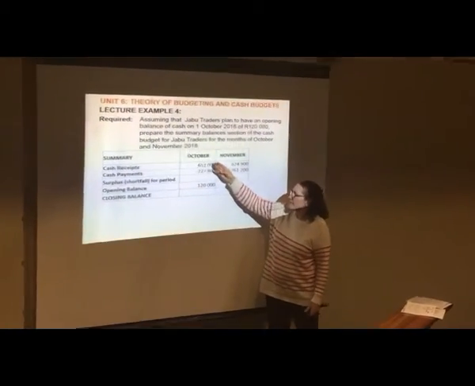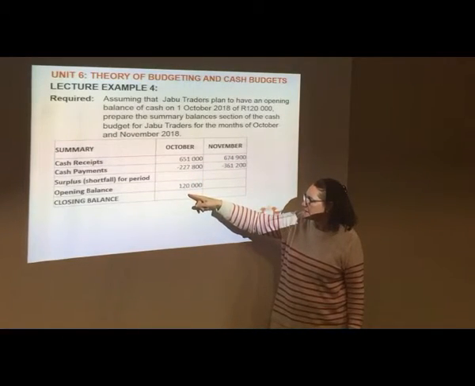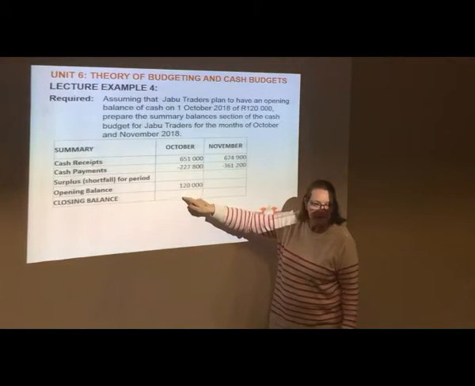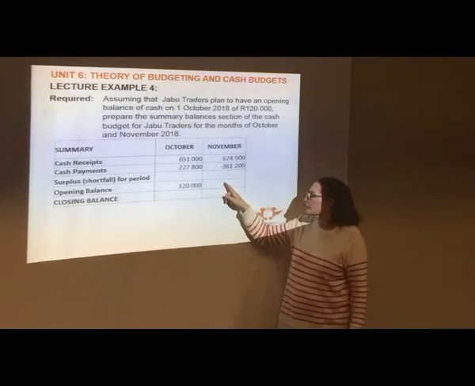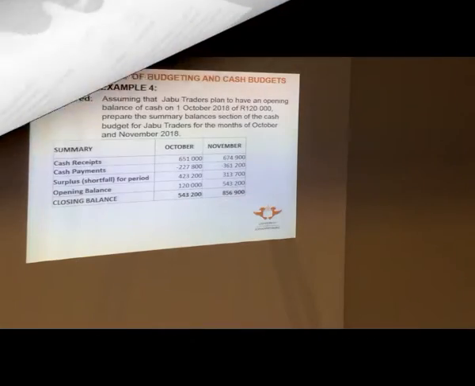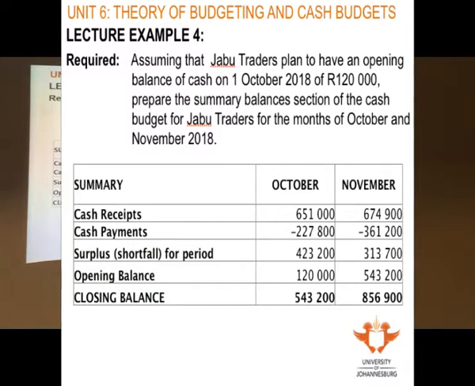Okay? So you take that minus that gives you that. You add that plus that to give you that. That minus that gives you that. That closing balance becomes November's opening balance, not so? That plus that gives you 156,900. Did you get it? Fantastic. Okay, lecture example 5.